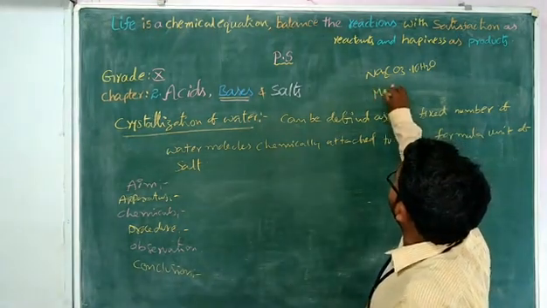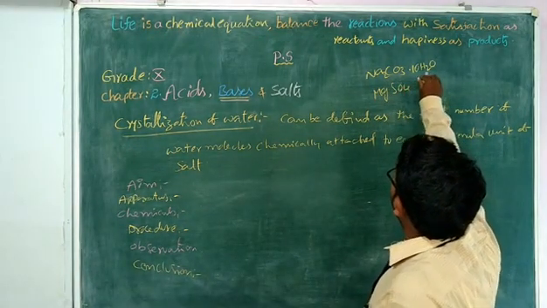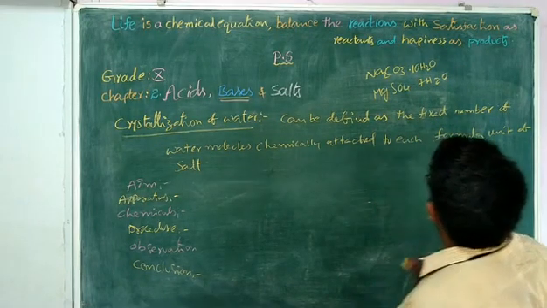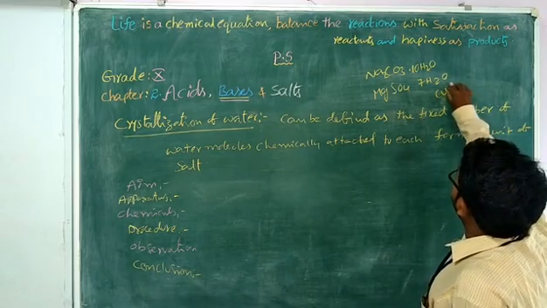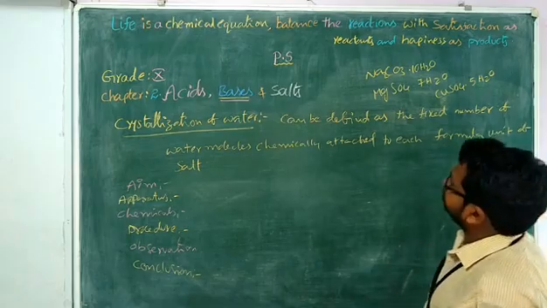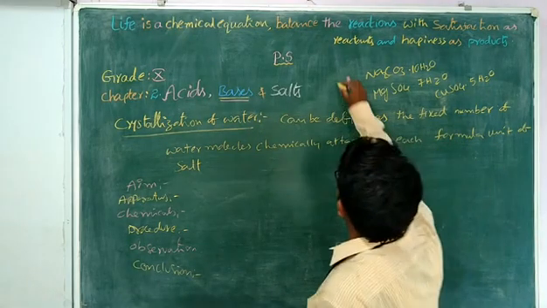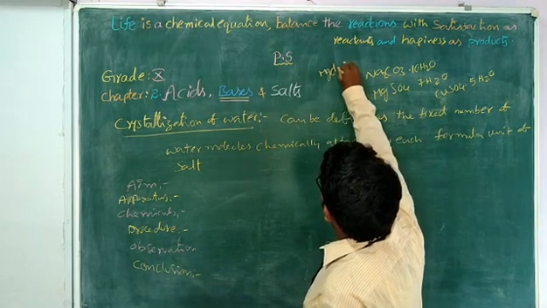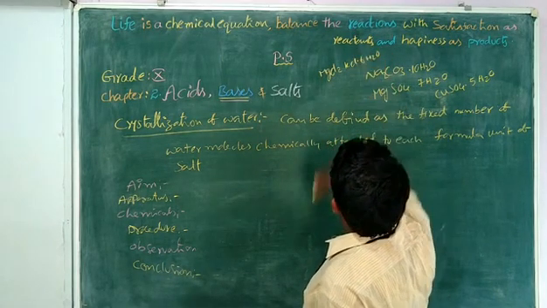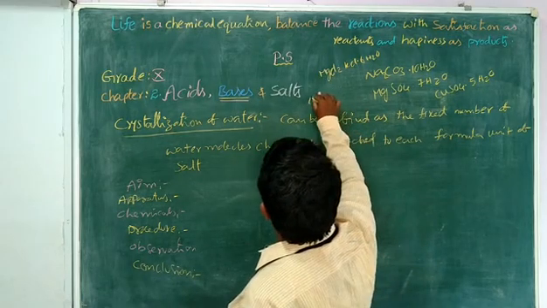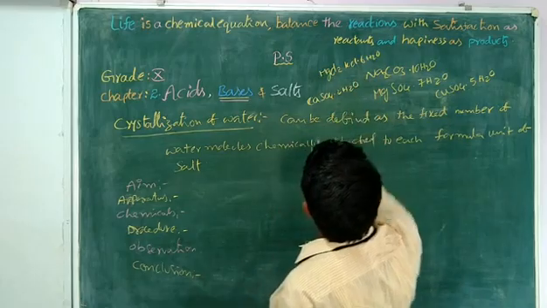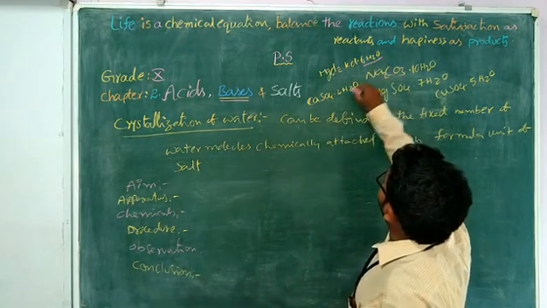Epsom salt is MgSO4·7H2O. Copper sulfate is CuSO4·5H2O. Then MgCl2·KCl·6H2O, or maybe gypsum, CaSO4·2H2O. From all these, what do you observe?